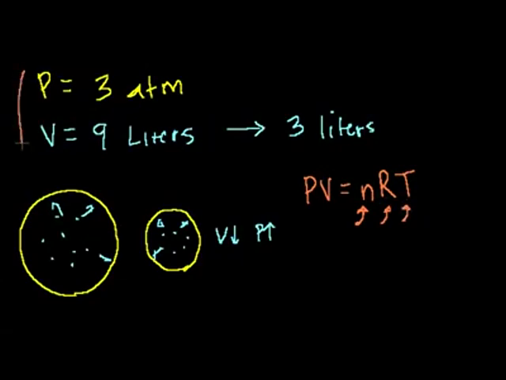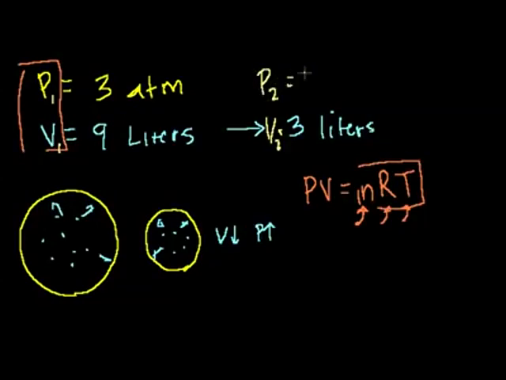So my old pressure times volume is equal to nRT, and my new pressure times volume. Let me call this P1 and V1, and then P2 and V2, and we're trying to figure out P2.